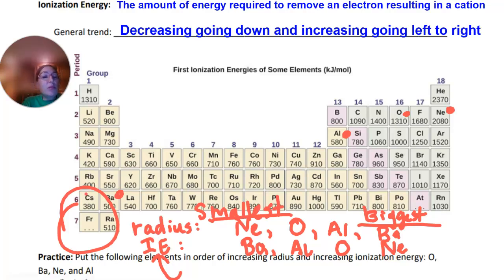So barium is really big, like cesium or francium. It's not really going to take much energy to ionize it. So small ionization energy for a big atom, and big ionization energy for a small atom. So these trends are really opposites. Okay, so this concludes periodic trends.